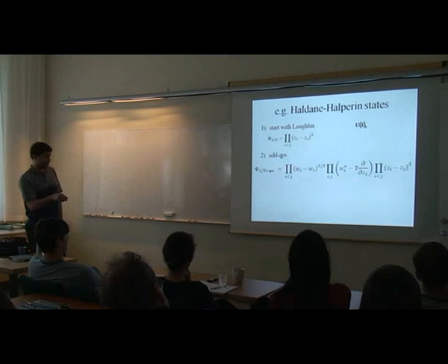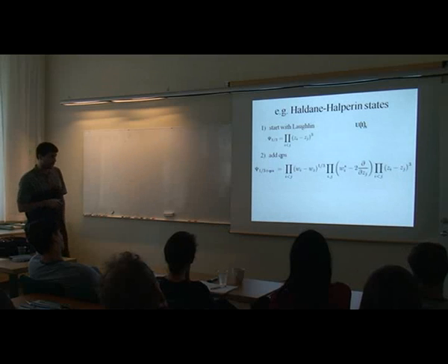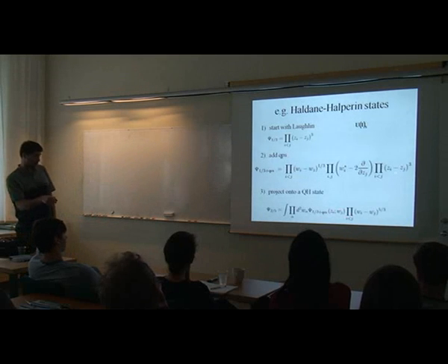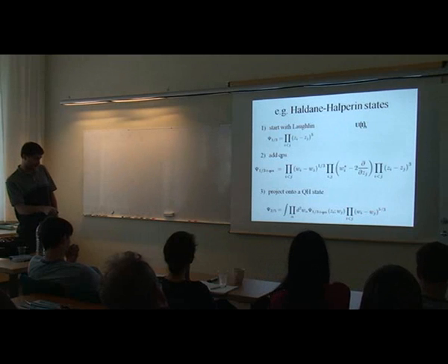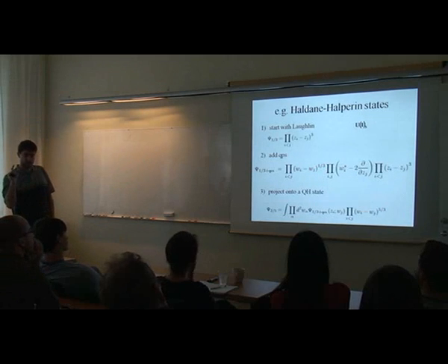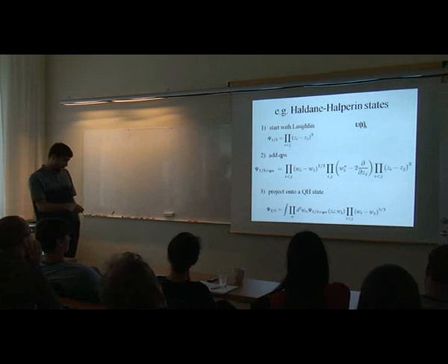But this is particularly nice because it keeps the statistical part of the quasi-electron wave function explicit. And then you multiply this wave function by this pseudo wave function, which is picked in particular in a way that this power here combines with this power here to give you bosonic statistics of your quasi-electrons.